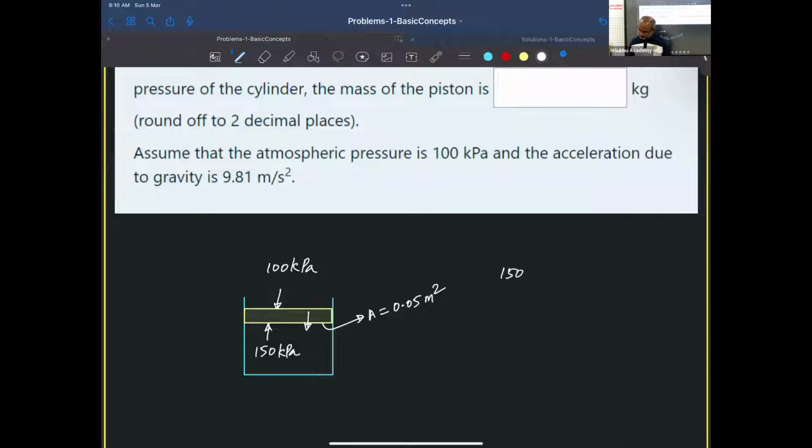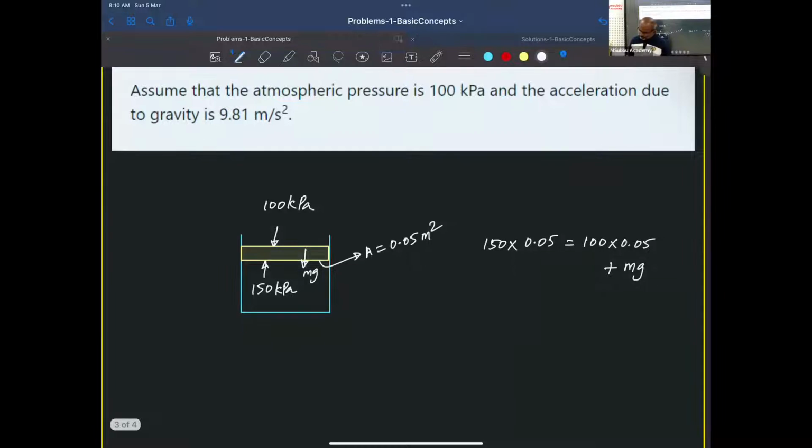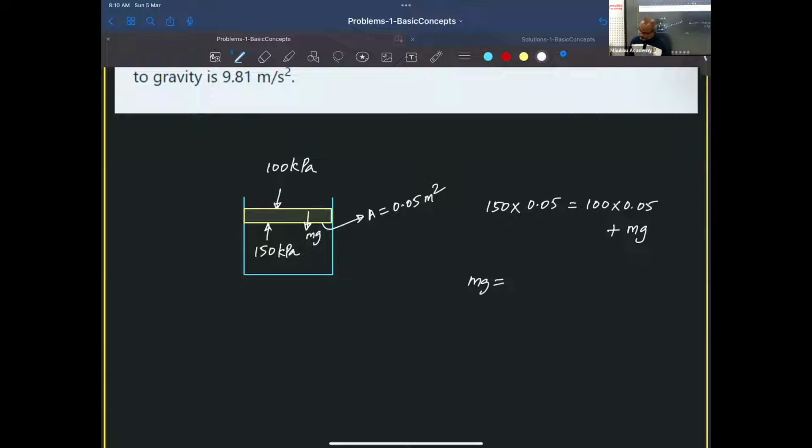So 150 multiplied by the area 0.05 is the internal force, which is to be balanced by the opposing force, which is 100 times the area, plus there is a downward force due to gravity because of the mass. Gravitational force because of the mass. So now what we have is mg equal to 50 into 0.05. That's what we are getting.